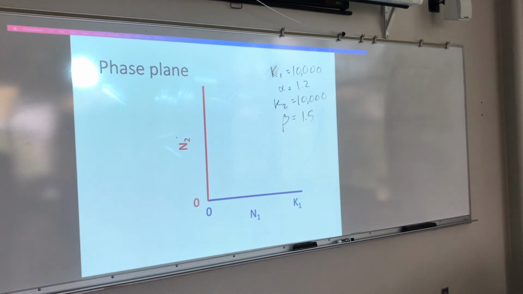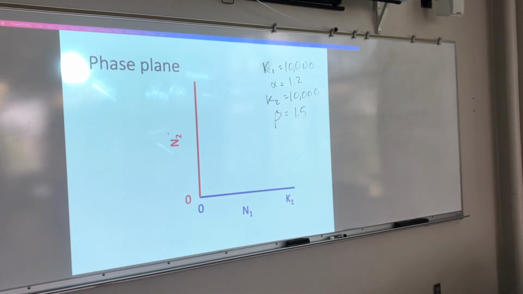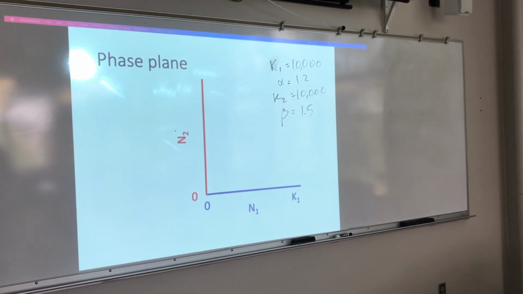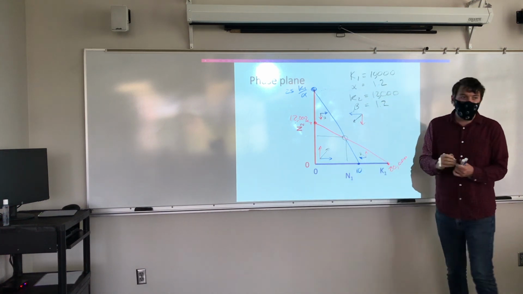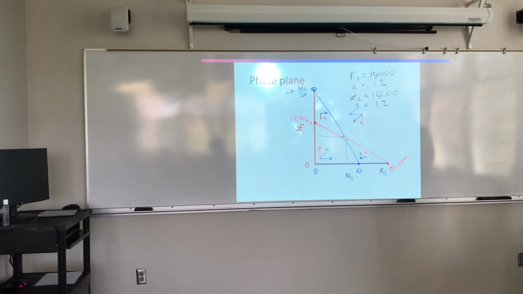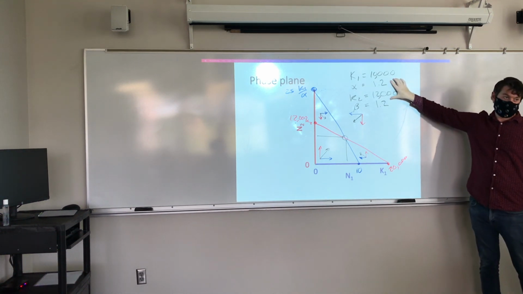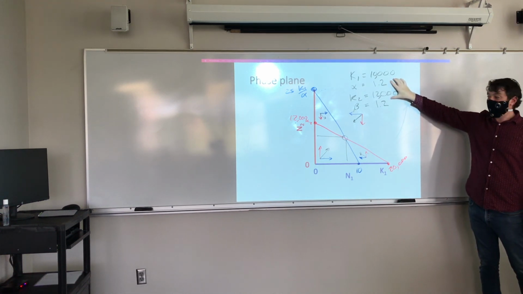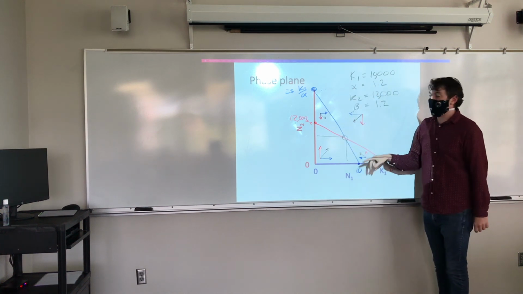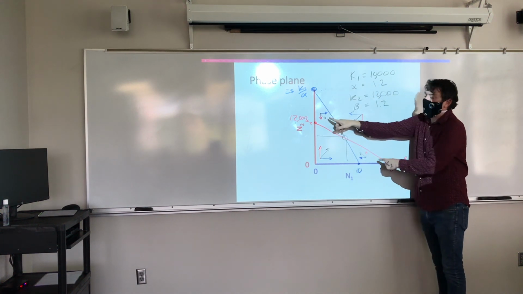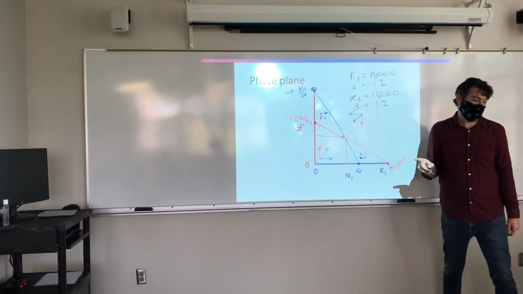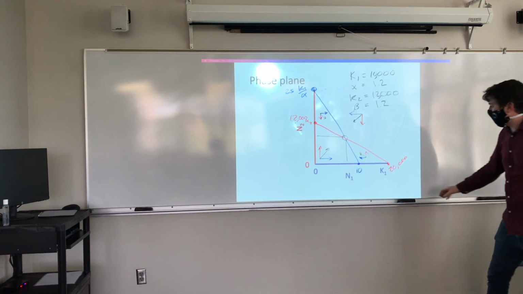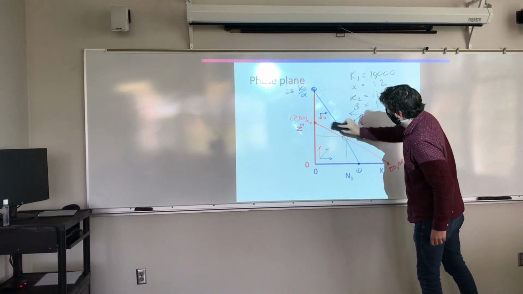See what your phase plane diagram looks like using these values. We're going to make the effect of each one on the other really strong, greater than 1. I want you to draw this diagram and put in these arrow combinations. They're going to be a little bit different than what's drawn up here.